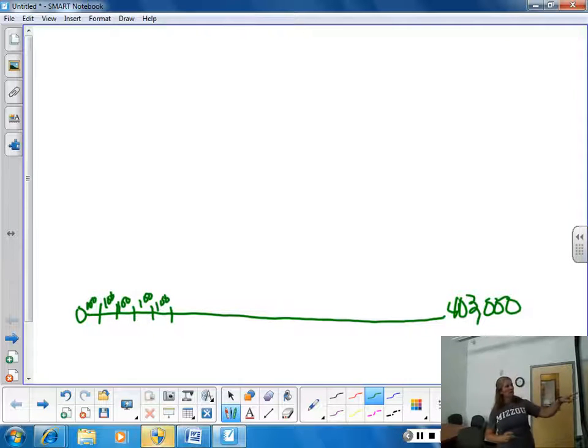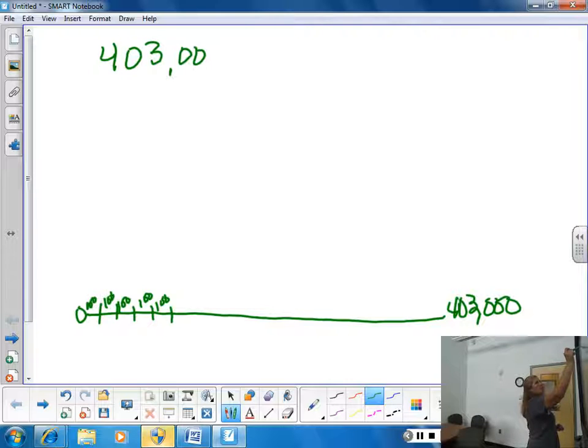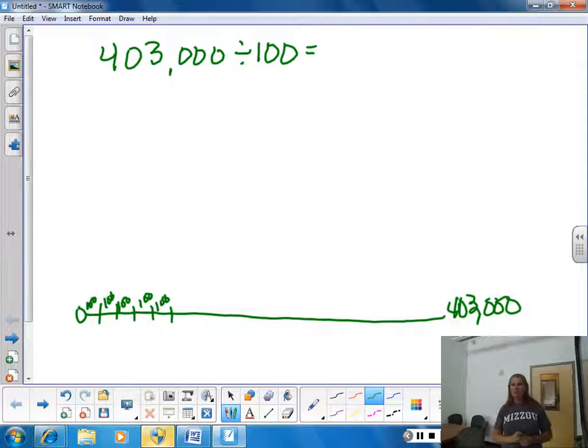So I'm asking the question, how many sets of 100 are in this number? So I'm going to take 403,000 and I'm going to divide by 100. And when you divide by 100, how many zeros would you take away there? You take away 2. So you get rid of these last 2, and that would leave 4,030 sets of 100.